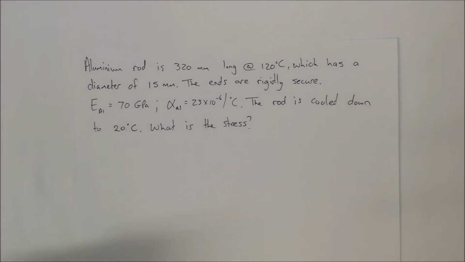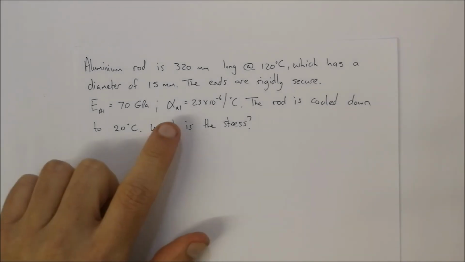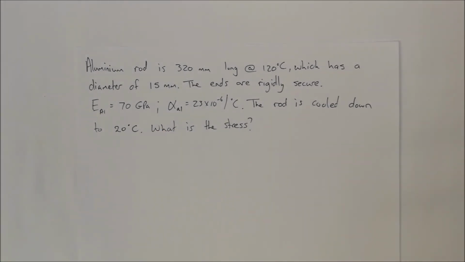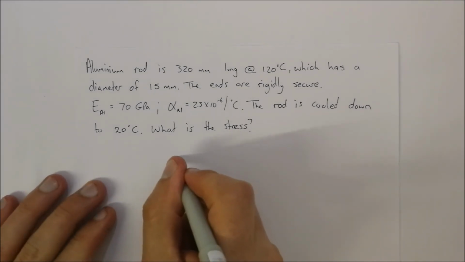We are told that E for aluminium is 70 gigapascal, and that alpha for aluminium is 23 times 10 to the minus 6 per degree Celsius. Then we are told the rod is cooled down to 20 degrees Celsius. What is the stress?